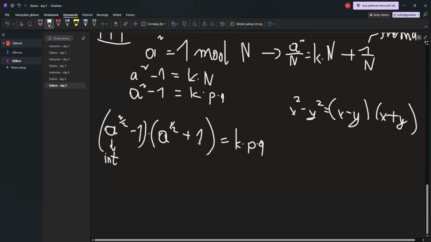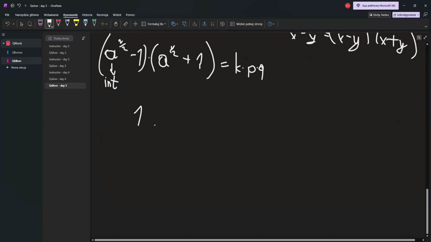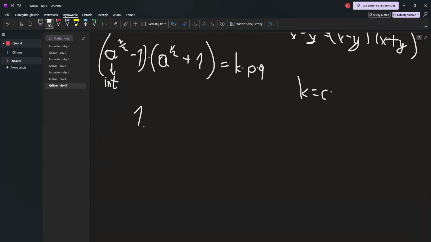So now, since p and q are prime numbers, we know that at least one of those two factors in those parentheses contains p or q. So now let's write down what I mean by this. We have three possibilities, and I will express k as a multiplication of c times d.